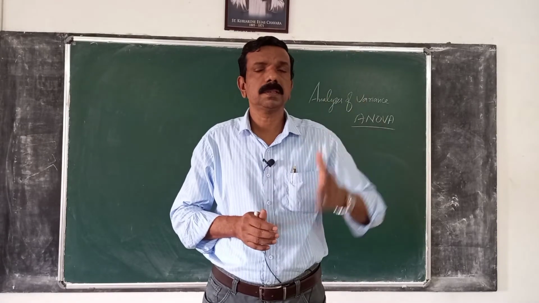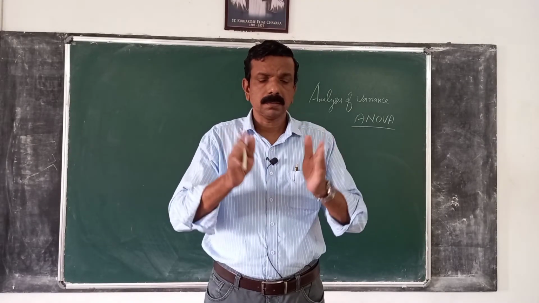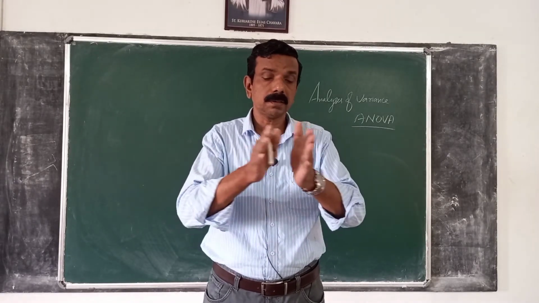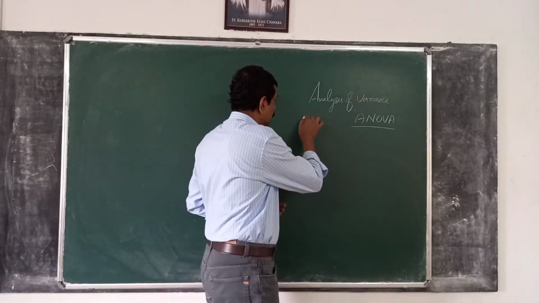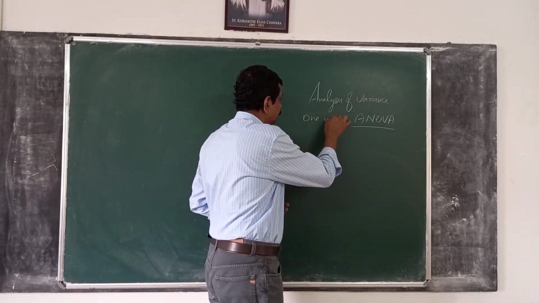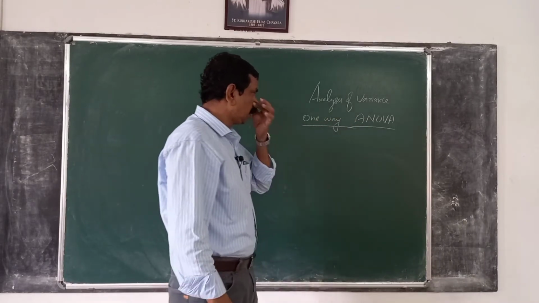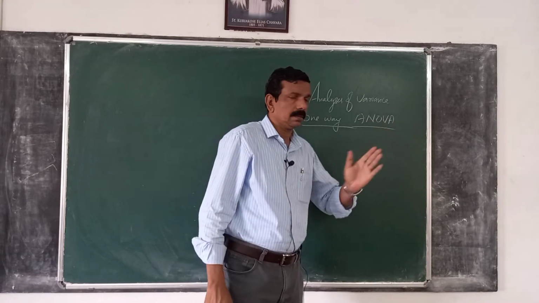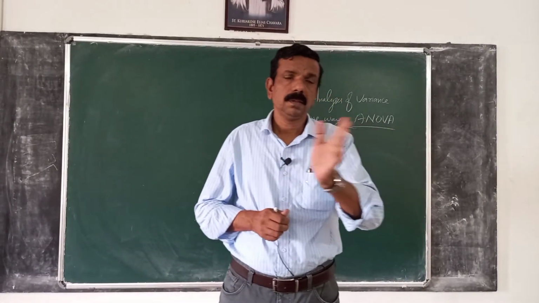So many procedures are available. We consider the simplest kind of ANOVA, namely one-way ANOVA. We first explain one-way ANOVA. We will expand this to two-way ANOVA, etc. later.